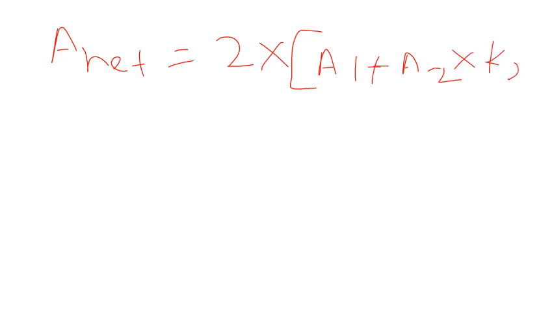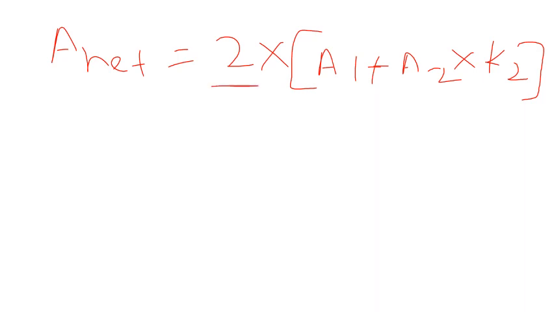So we already find A net required. Now we have to find out A net available. 2 into A1 plus A2 into K2, right?